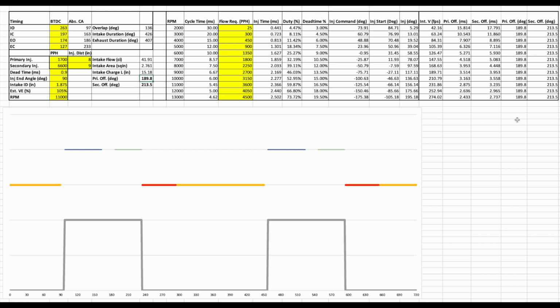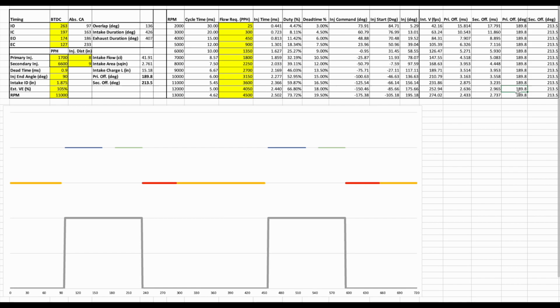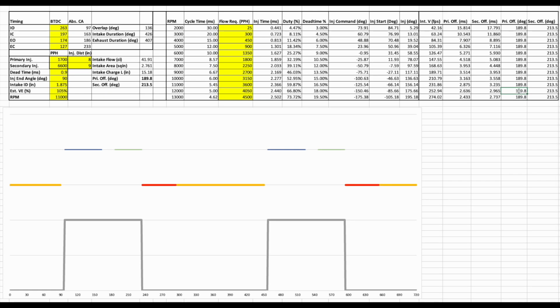So it actually turns out it's a constant. But what you'll find is that due to all the dynamic effects that go on in the real world, it won't be a constant value across all RPMs. And it probably won't even be exactly this angle. This is just a starting point to plug into the tables, which then needs to be further refined, like I said, either on the dyno or using the O2 sensor or reading the plugs if you're desperate.